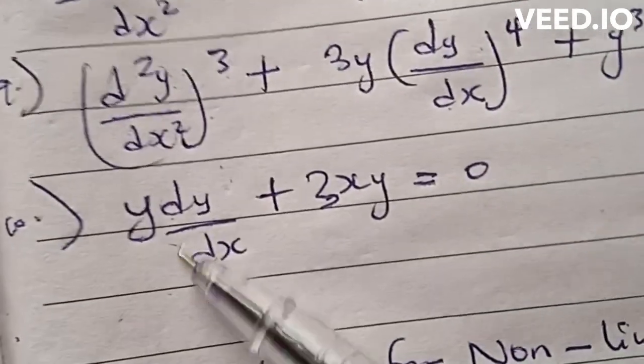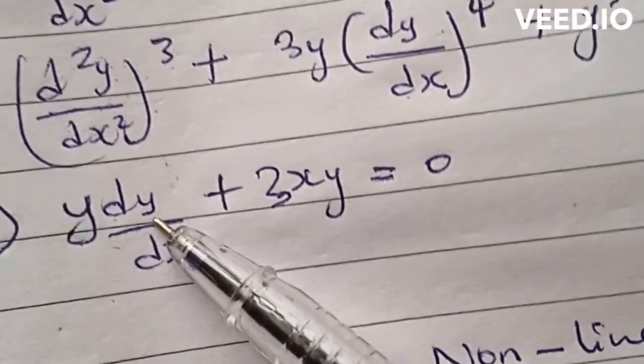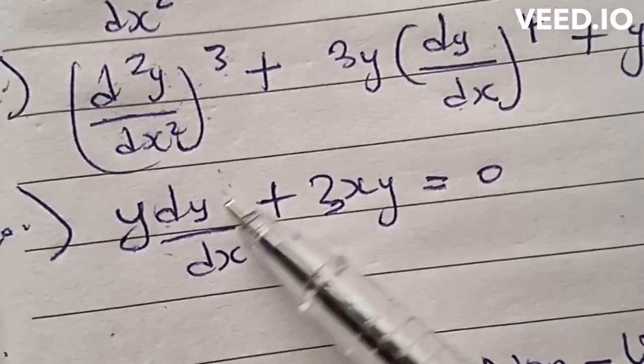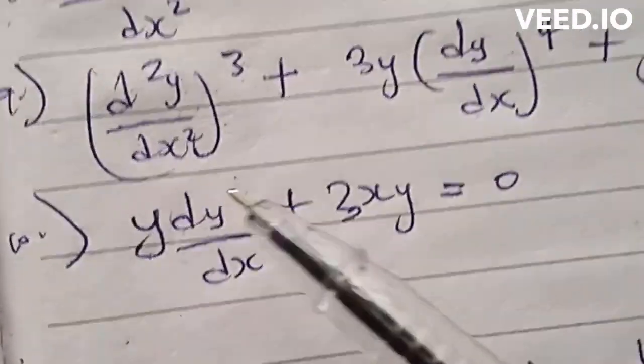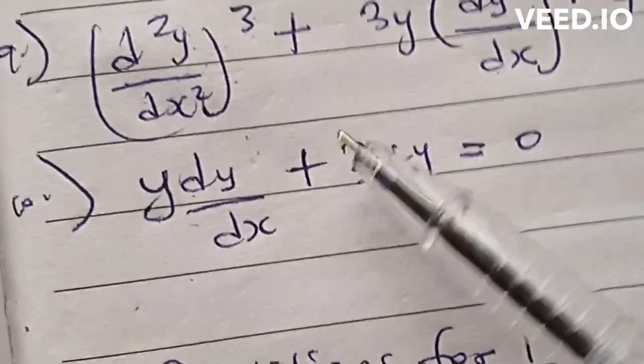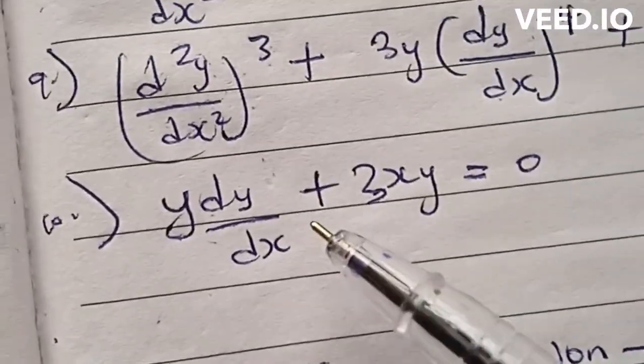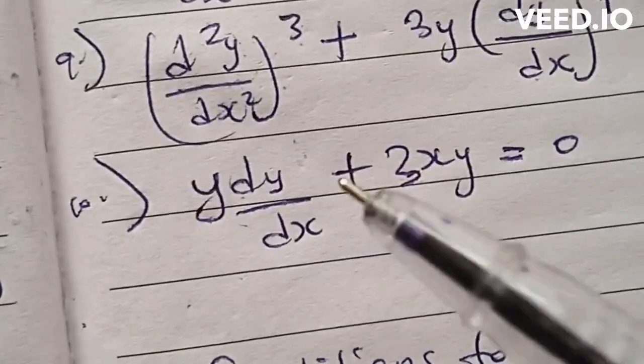Whether y is multiplying y prime prime, that's y is multiplying d squared y over dx squared, or whenever y is multiplying d cubed y over dx cubed, whenever y is multiplying any order of derivative in an equation, you know that equation is non-linear.